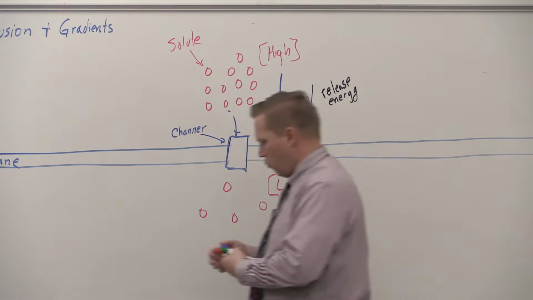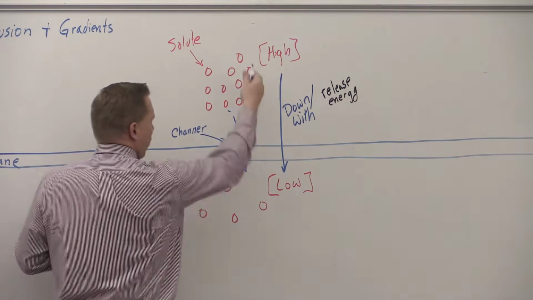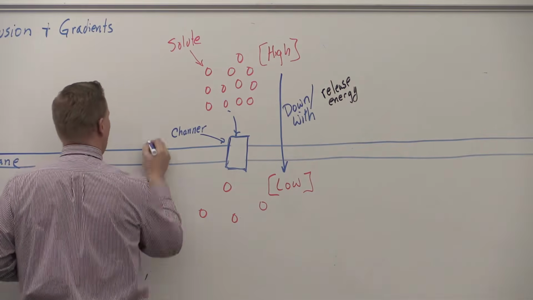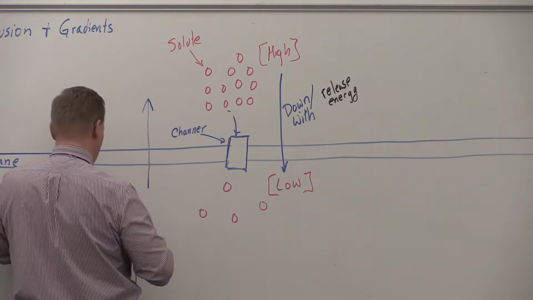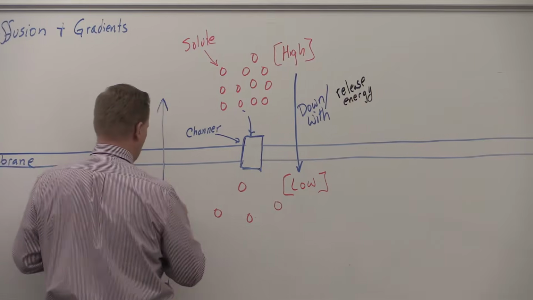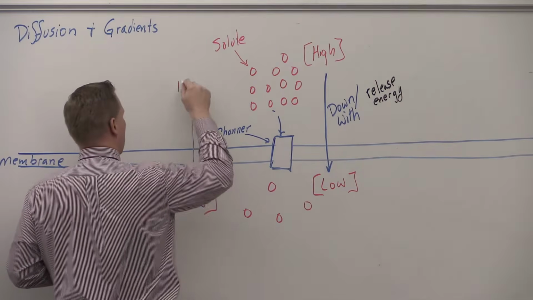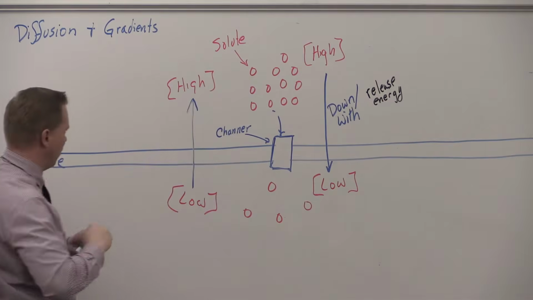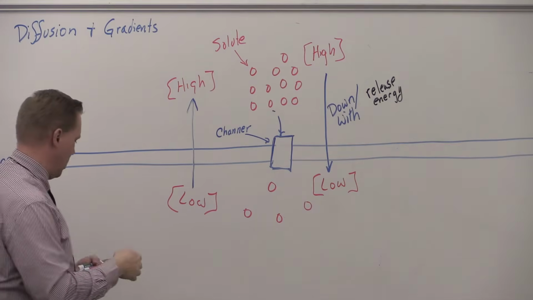Now likewise, we don't have to move it from high to low, but that does release energy. We could also take a gradient and move that gradient from a low concentration up to a high concentration. So now we're moving from low concentration to high concentration.